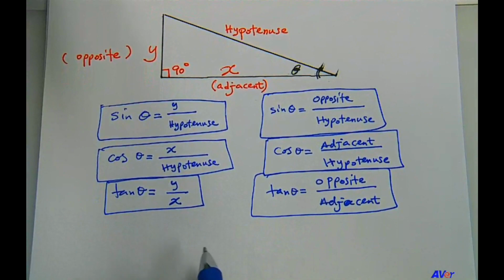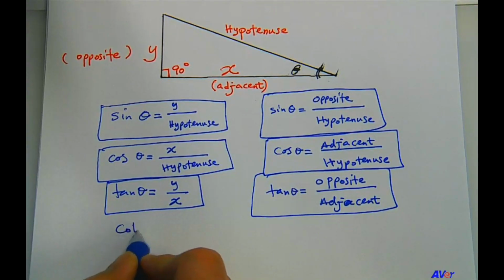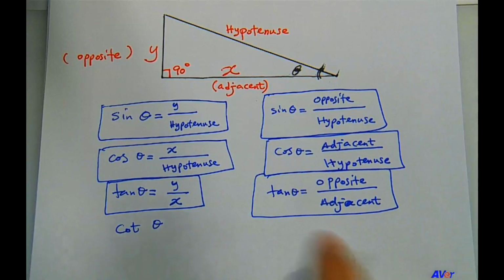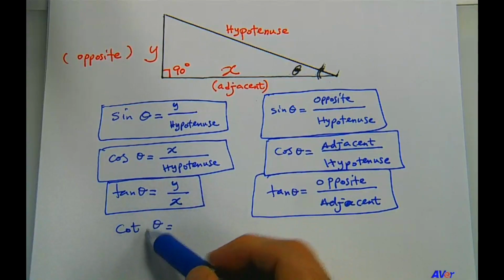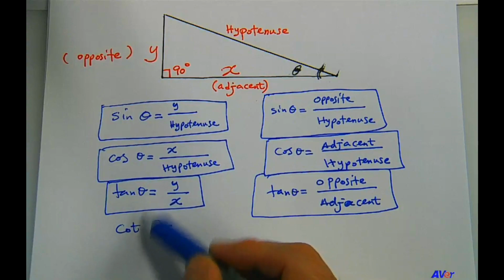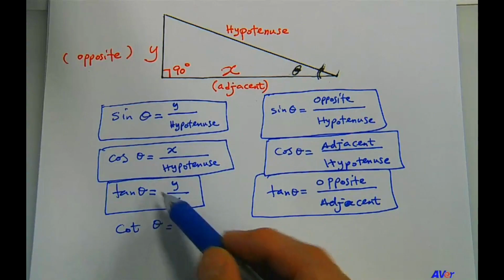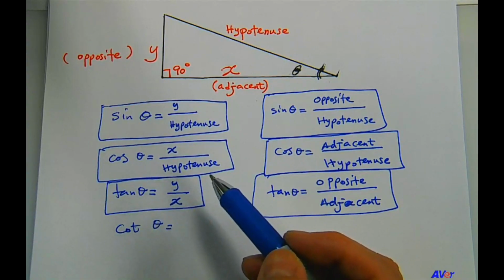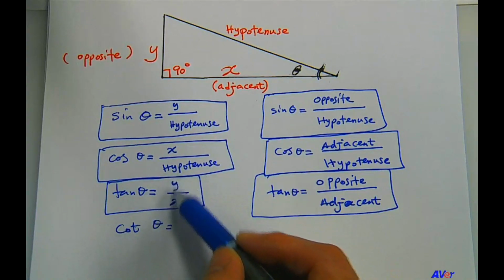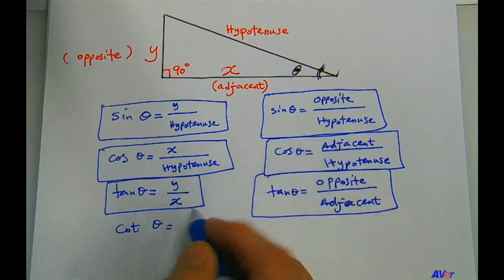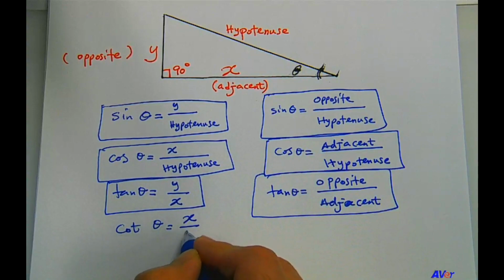Okay, so let's write down the cotangent of theta. Remember the relationship between cotangent and tangent? Remember how they're connected? Well, they are reciprocals of each other, right? So if tangent is y over x, then cotangent is x over y.